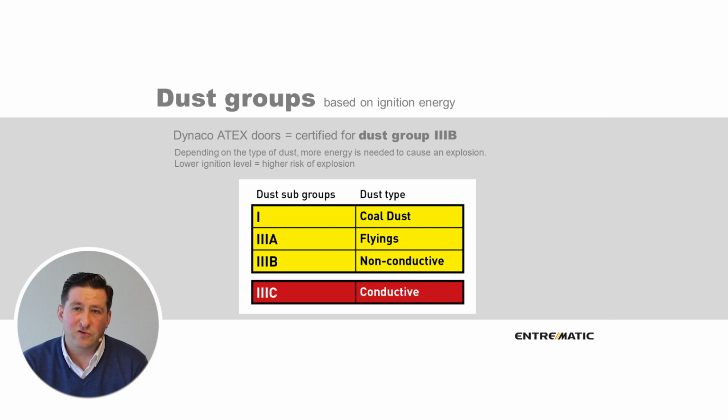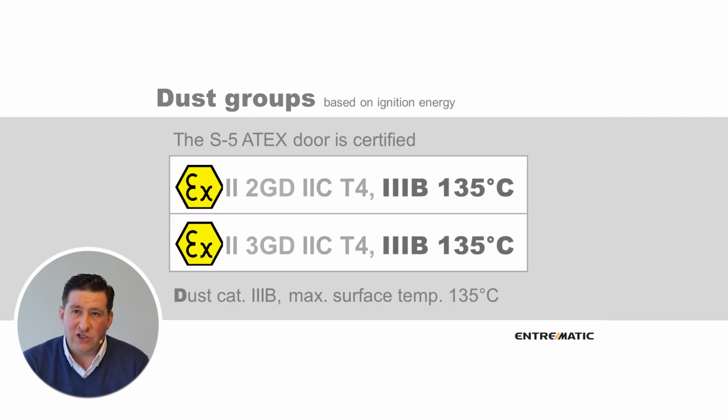And then you have 3B, non-conductive dust. And 3C is conductive dust. A typical example is the dust of metal parts. You see it's in red. This means that we are covering 3A and 3B, but not 3C. So this is what is shown in the ATEX rating, I would say.